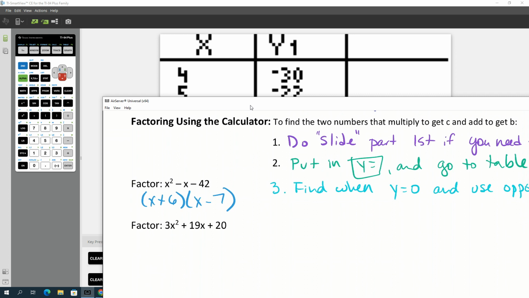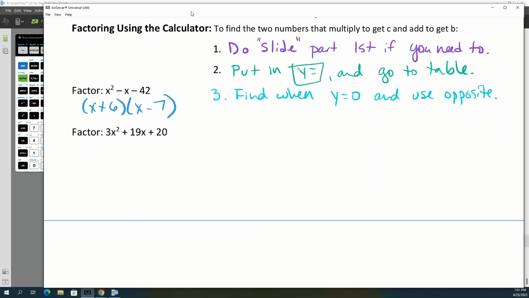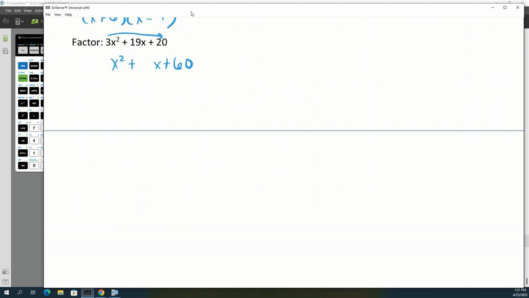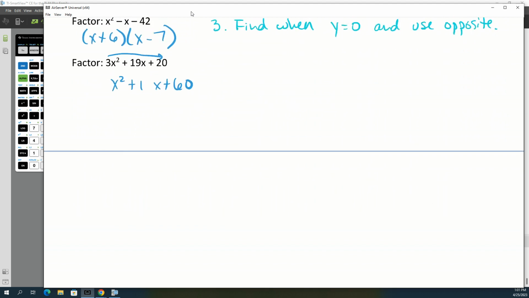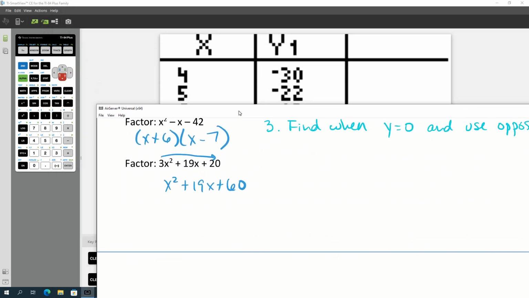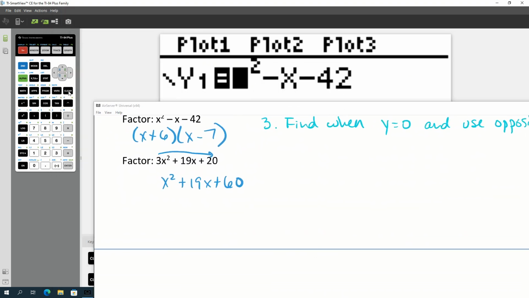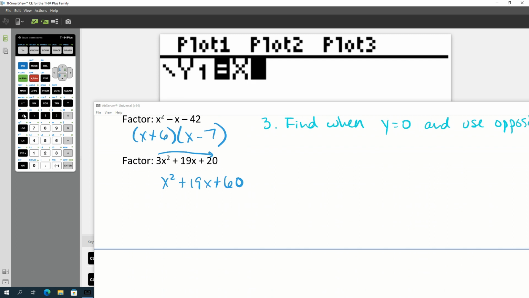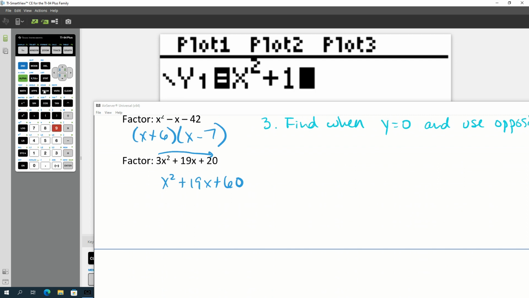All right, this one we do need to do the slide part. So we'll start off and slide that 3 over with the 20 by multiplying and getting 60. The 19 doesn't change. It stays 19x. All right, we'll put that into y equals and go to the table.